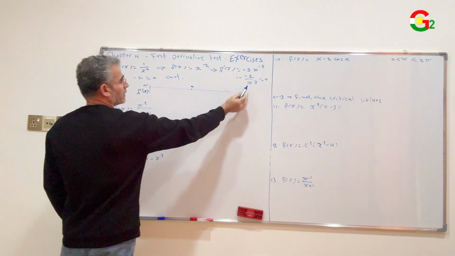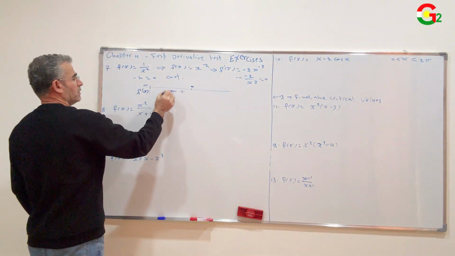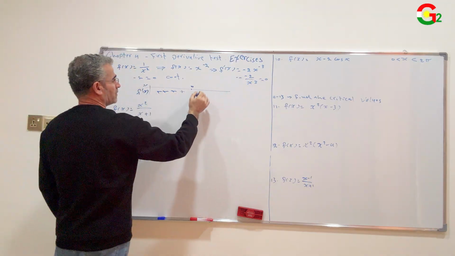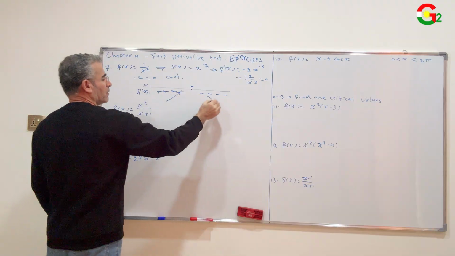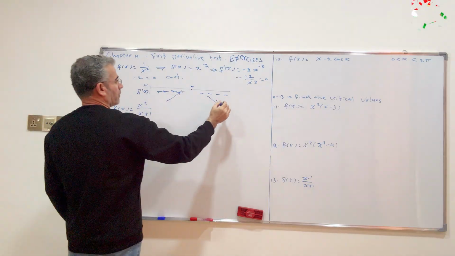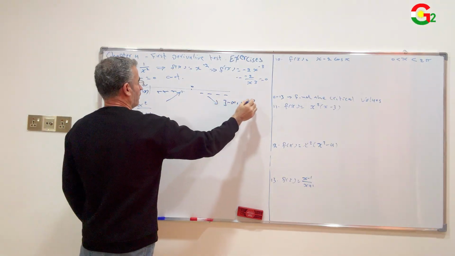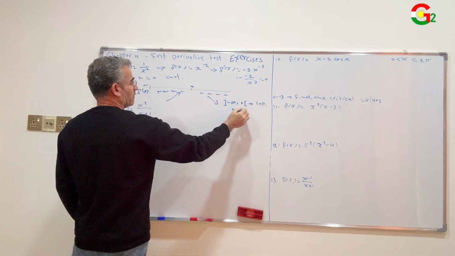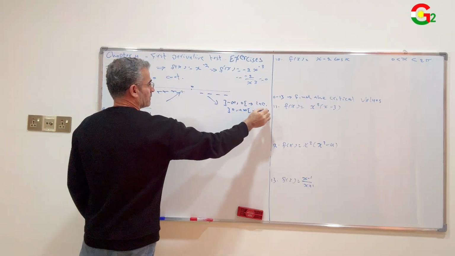Before 0, when x is negative, negative over negative is positive. When x is positive, negative over positive is negative. Therefore, from negative infinity to 0 is the interval of increasing, and from 0 to positive infinity is the interval of decreasing.